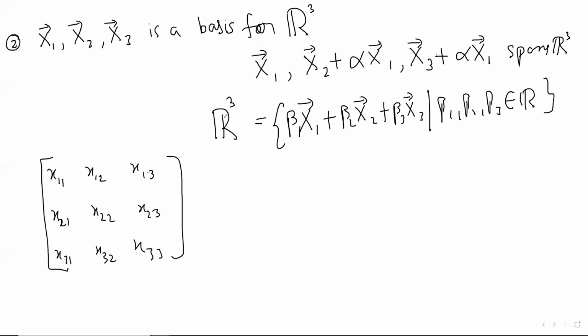So now we want to see some gamma 1 x1 plus gamma 2 x2 plus alpha x1, plus gamma 3 x3 plus alpha x1, this set.